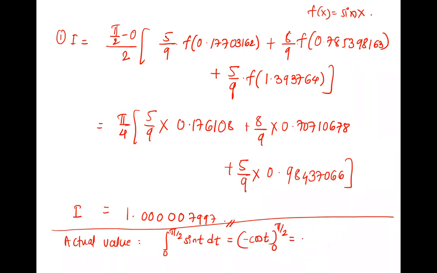The upper limit gives minus cos pi by 2, and cos pi by 2 is 0. The lower limit gives plus cos 0, which is 1. So the actual value is 1. Yes, this is nearer to the actual value and the error is very small. Same example you can do by the two-point formula also and check what the error is.